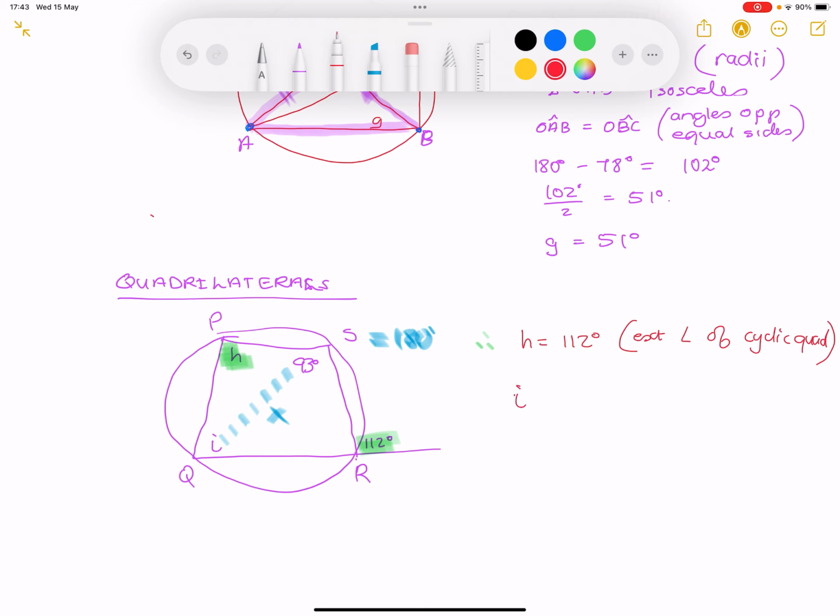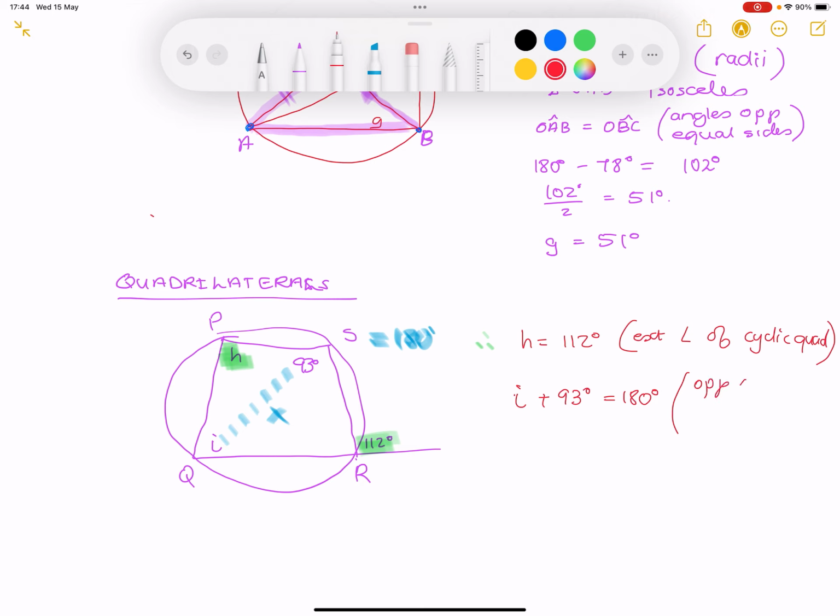Angle I plus angle 93 is equal to 180 because the sum of the opposite angles of a cyclic quad. Okay, now I have a shorter one. Opposite angle of a cyclic quad is supplementary. Yes, ma'am.